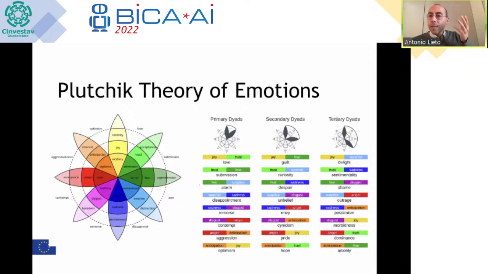In that case, we saw that SentiNet has a better coverage on the basic emotions, but for the nuance, the type of emotions which are extracted, our system does much better.